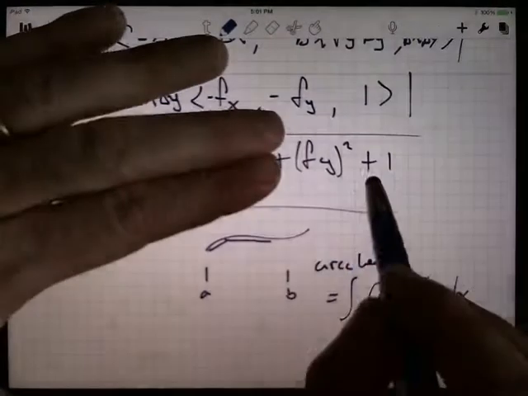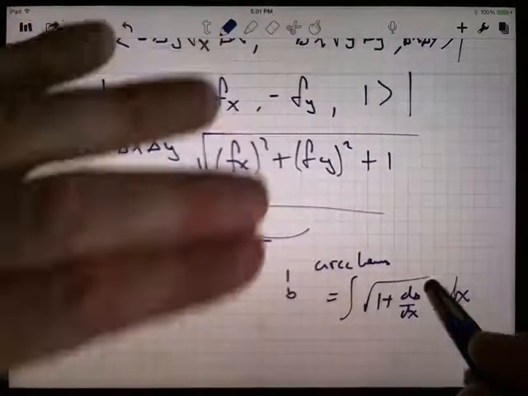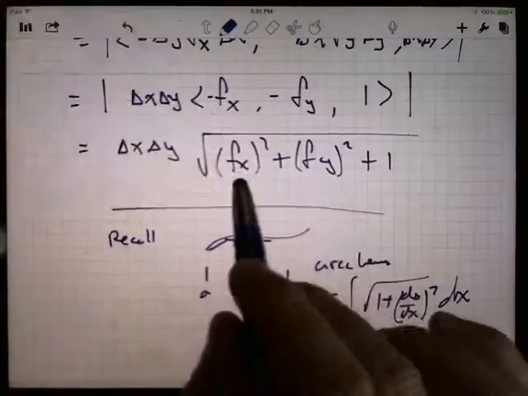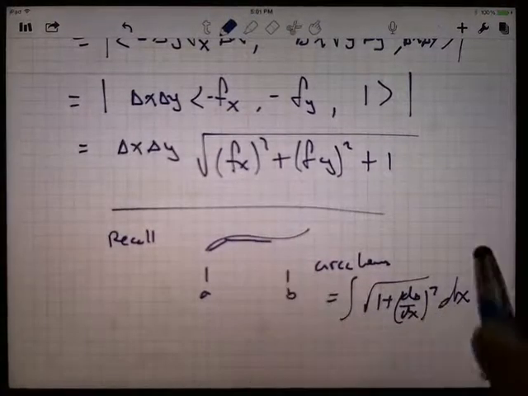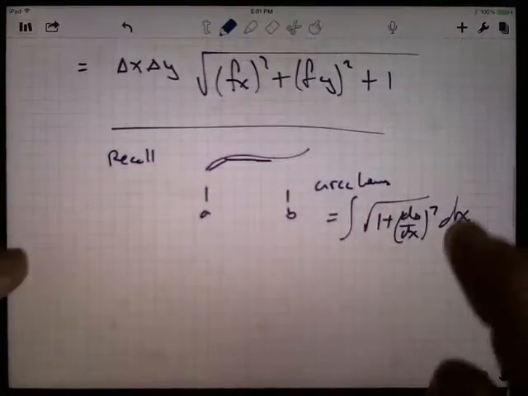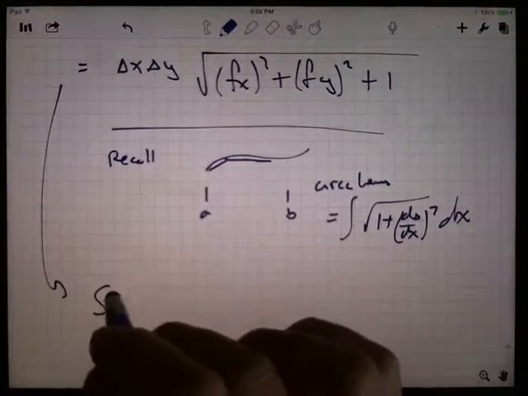Well, that's essentially what we have here. 1 plus the derivative squared. Oh, sorry, that was actually squared. And this one now just has that extra variable in it, and a dA instead of a delta x delta y.